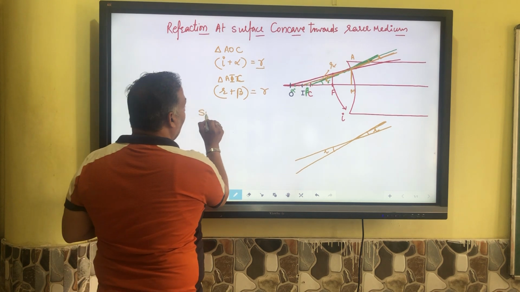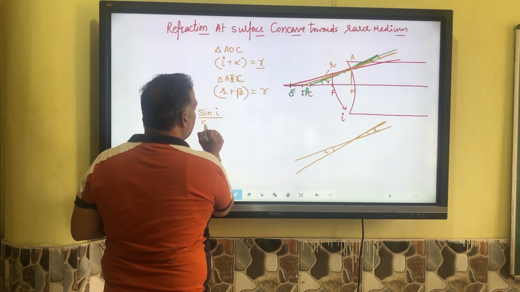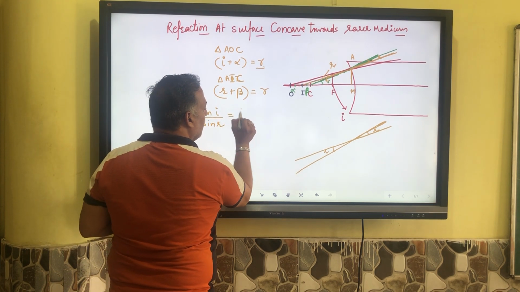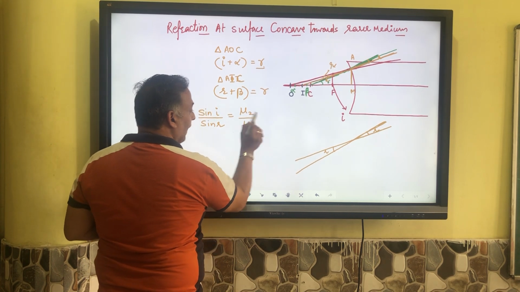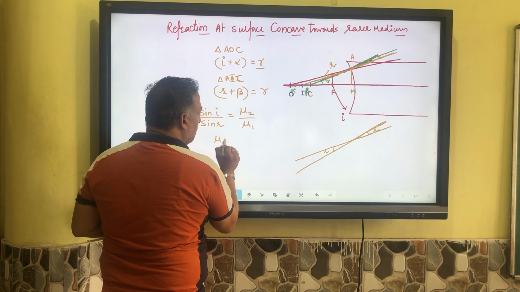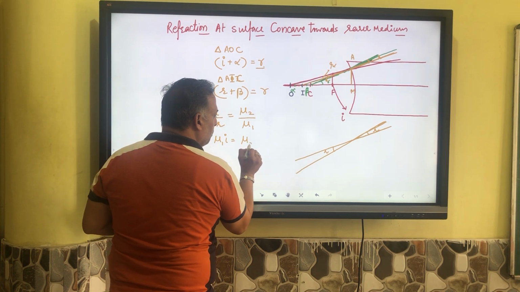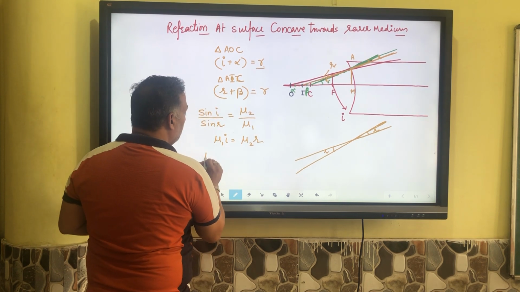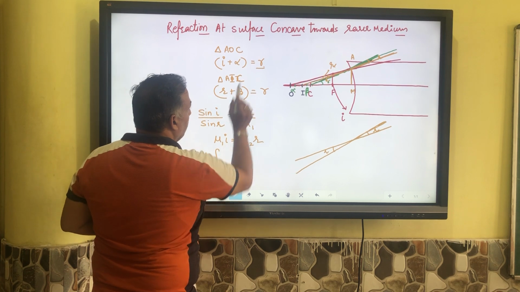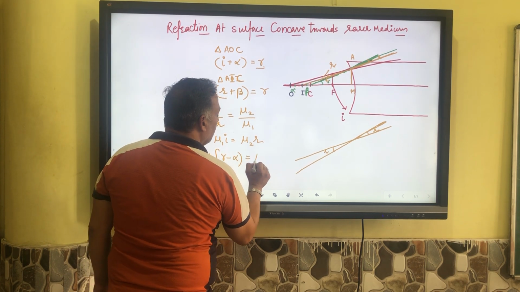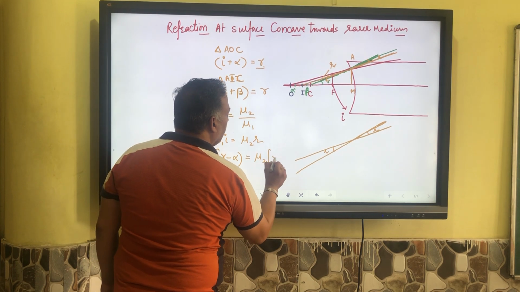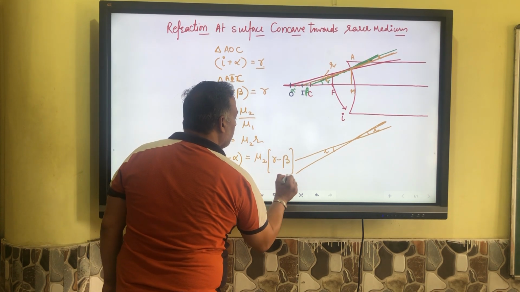And sine I upon sine R is equal to mu2 upon mu1. Since the angle is very small, mu1 into I is equal to mu2 into R. So mu1 into (gamma minus alpha) is equal to mu2 into (gamma minus beta).